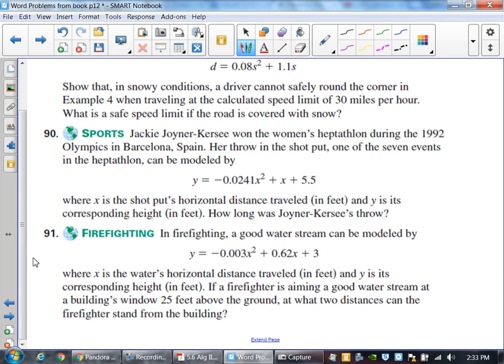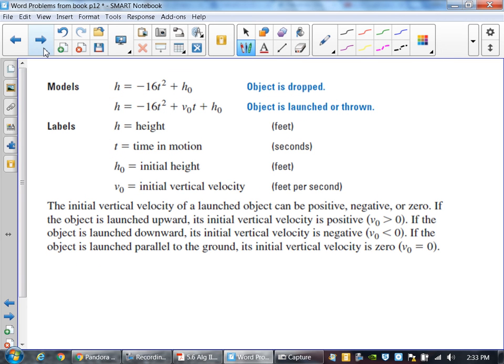A lot of these we're going to be able to roll through real quick, especially after you do question 101, because it opens up how you do the rest of the problems. When we get to the volleyball one, we have to talk about what's called initial velocity, whether you're dropping an object or throwing an object into the air with velocity to start with.